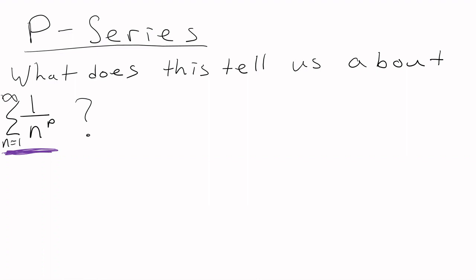Well, we can use our integral test to figure out what should happen here. I can make the connection to the integral from 1 to infinity of 1 over x to the p, and we actually talked about this back in section 5.10. In section 5.10 we said this will converge if p is bigger than 1, and it's going to diverge if p is less than or equal to 1.